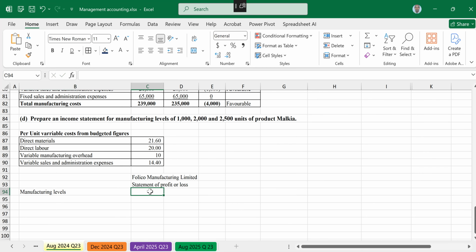Under manufacturing levels, they want one for 1,000, 2,000, 2,500. Those are the manufacturing levels that were given.